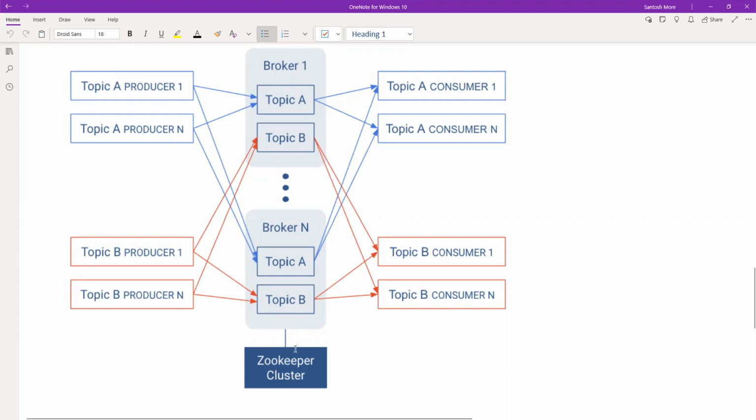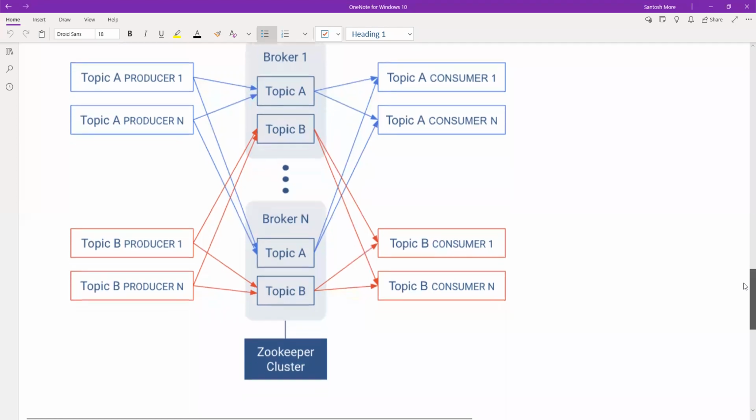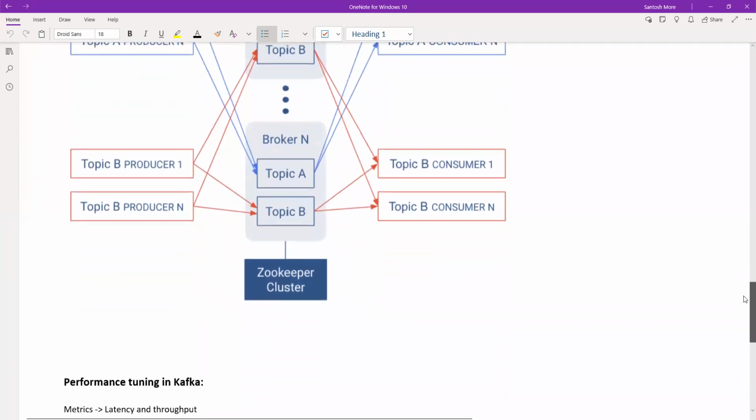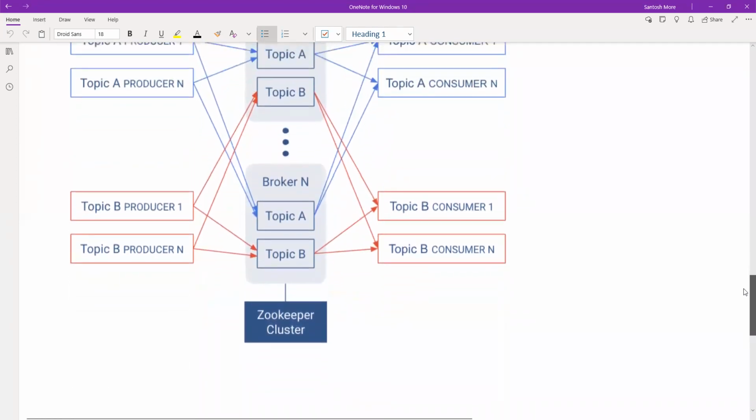That metadata, which is centralized in the Zookeeper, is already stored in each and every broker, and that is an easy way of doing it.